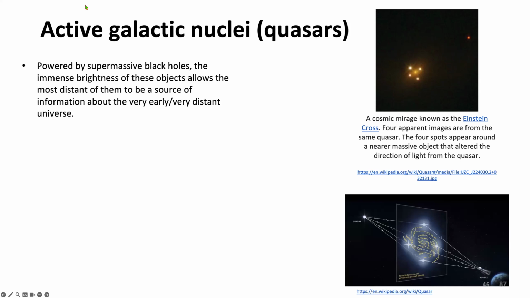And when it collects gas and dust and stars or whatever it can eat, the disk of debris around the supermassive black hole is heated to stupendously high temperatures, and we can see that light that was produced billions of years ago, billions of light years away. Here's an example. We see this quasar producing a flood of light that passes through some other structure, another galaxy, and here's our telescope, in this case, the Hubble telescope, and the telescope sees this.